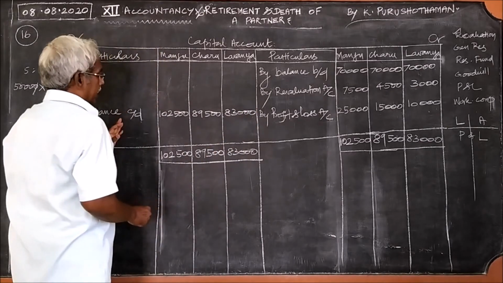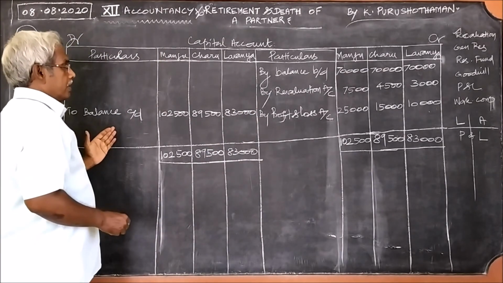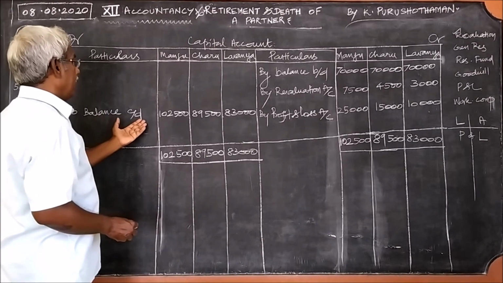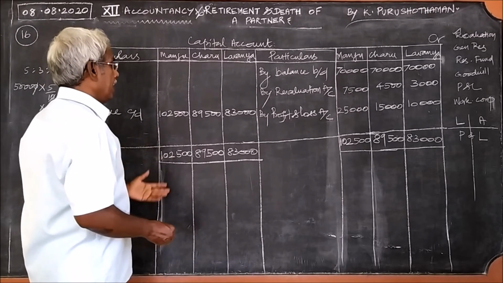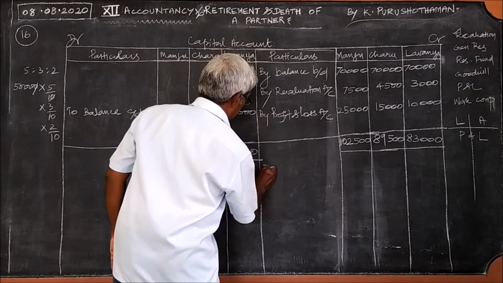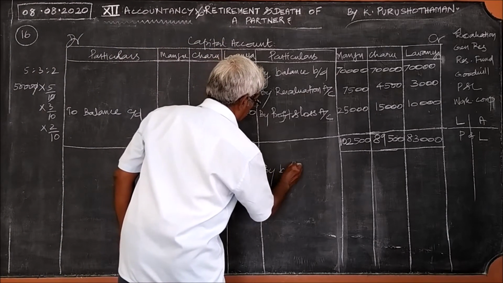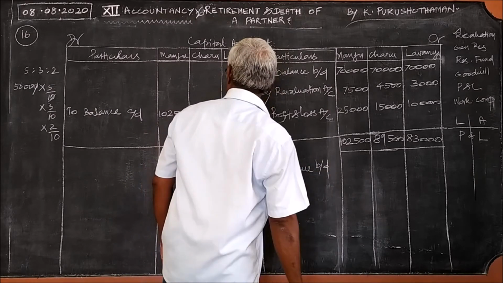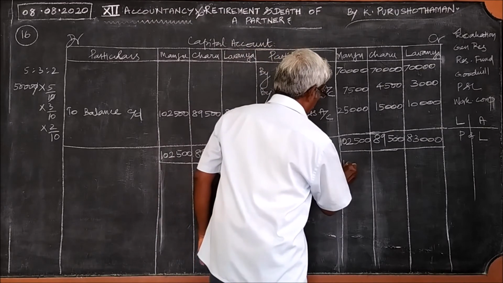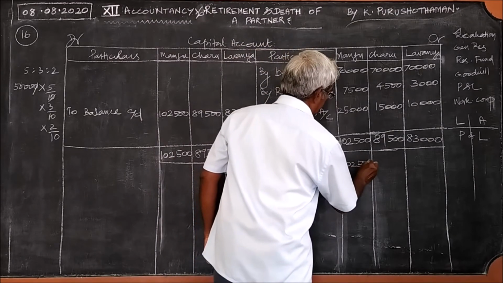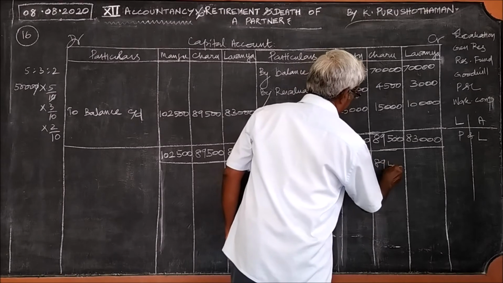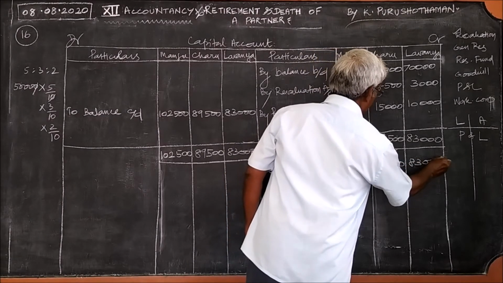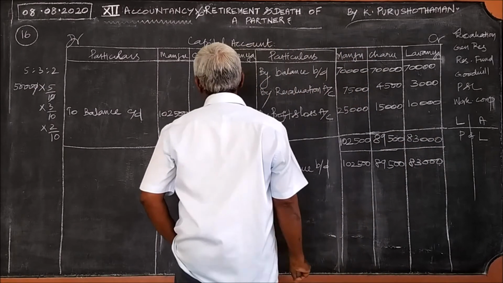This we used to write. This balance carried down is 1,02,500, and therefore automatically here by balance brought down is 1,02,500, 89,500, 83,000. This usually we write.